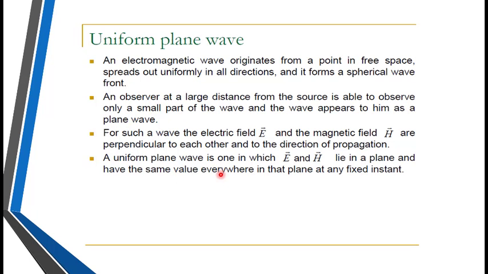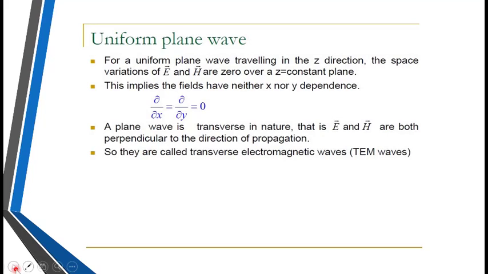A uniform plane wave is one in which E and H lie in a plane and have the same value everywhere in the plane at any fixed point. Okay, so their value will be stable if you take fixed points. So for this kind of wave, we are going to derive the solution.